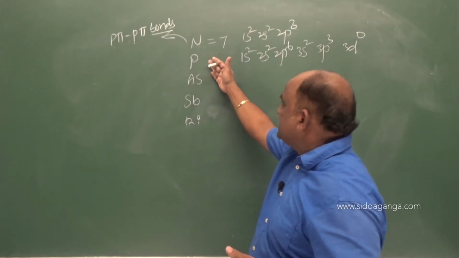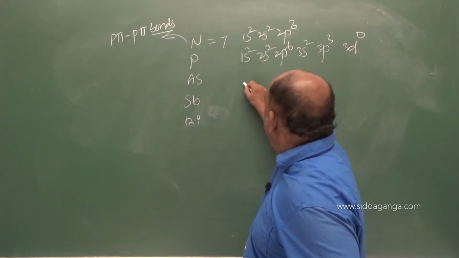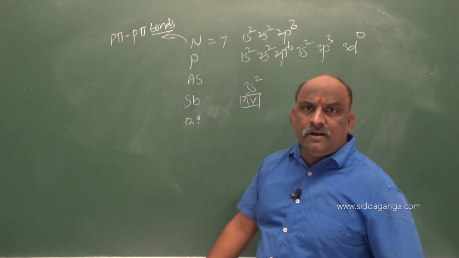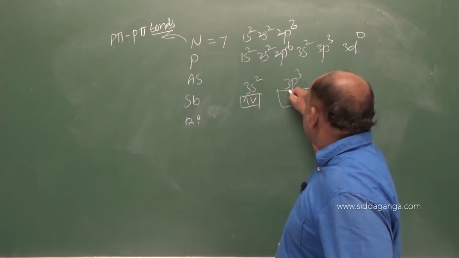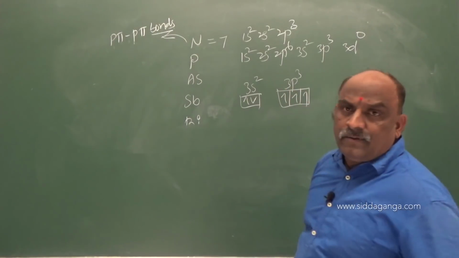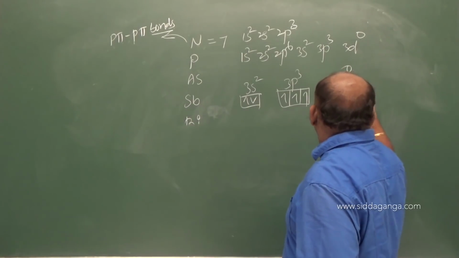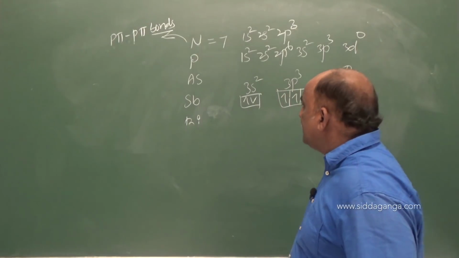While going to the phosphorus, 3s2, 2 electrons are present in 3s orbital. 3p3, 3 electrons are present in p orbital, followed by 3d0, no more electrons present in d orbital.